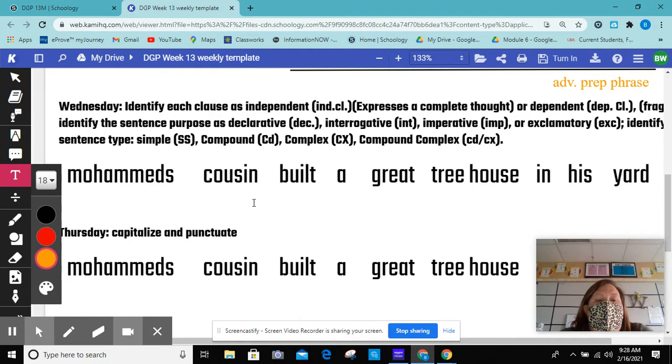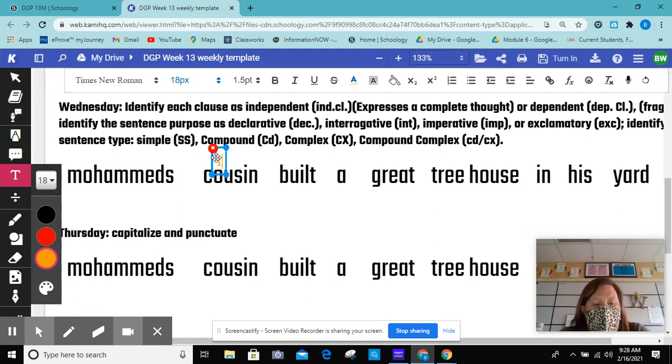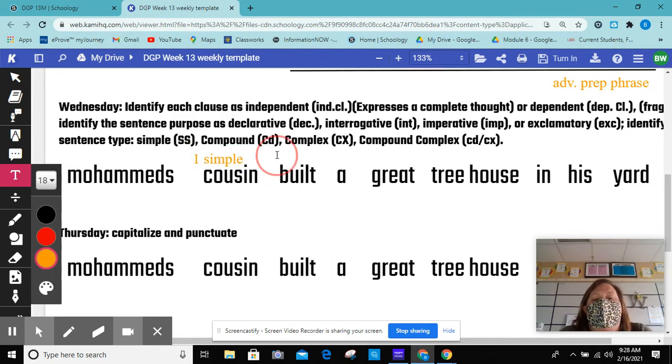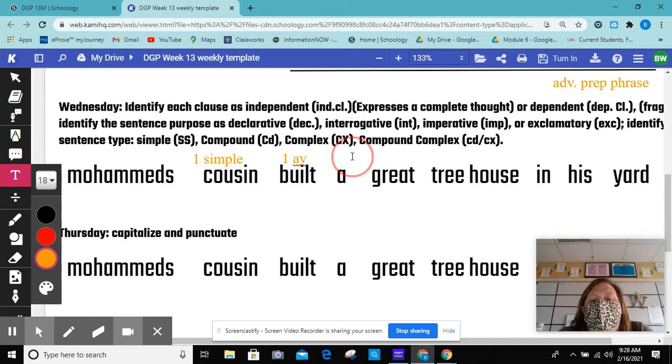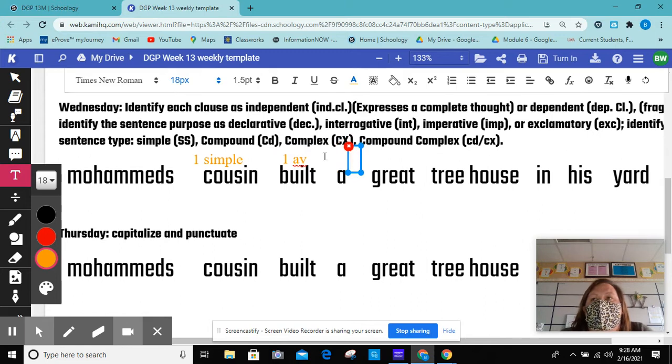All right, it has one simple subject. Does this sentence have one action verb or two action verbs? One action verb. Does this sentence express a complete thought?